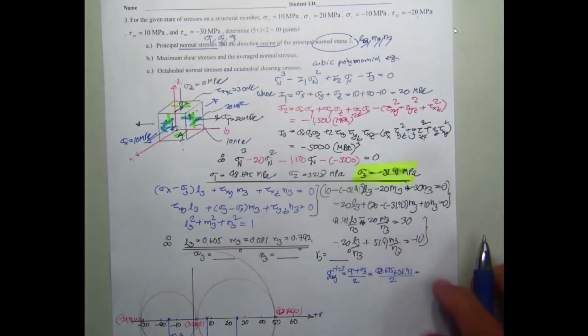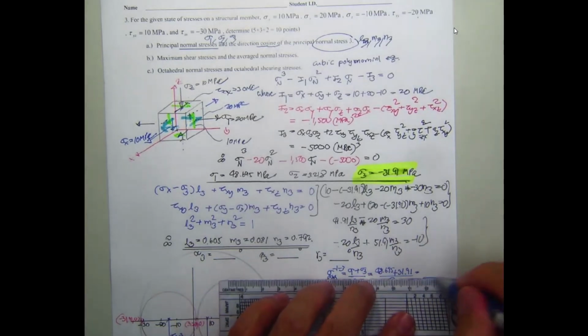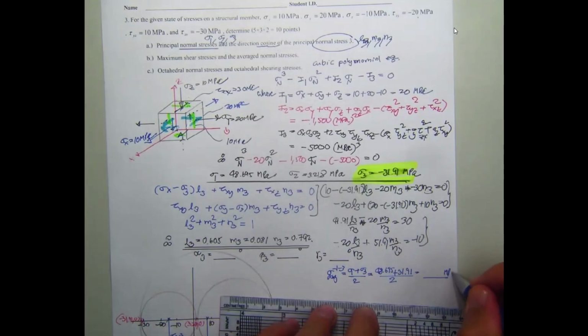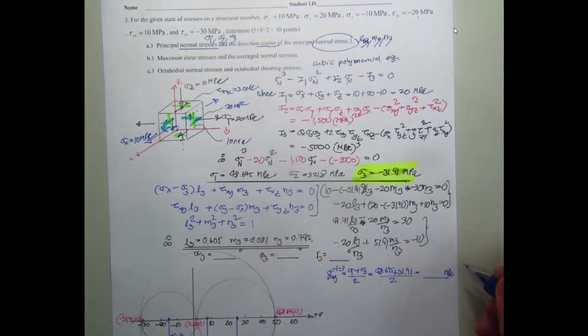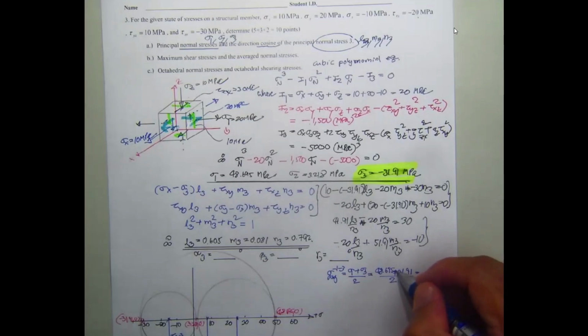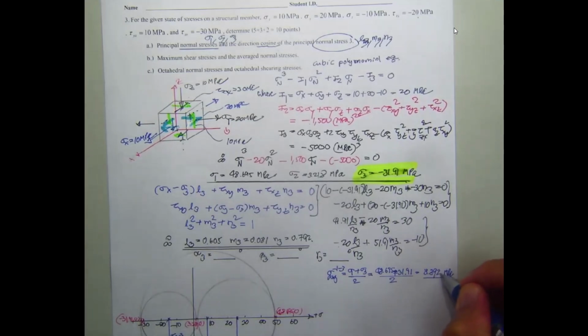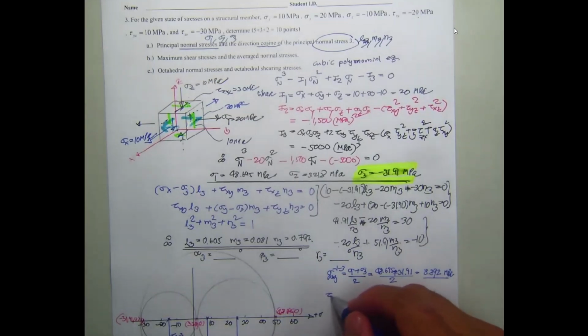No, it's incorrect. This is negative. 8.392.